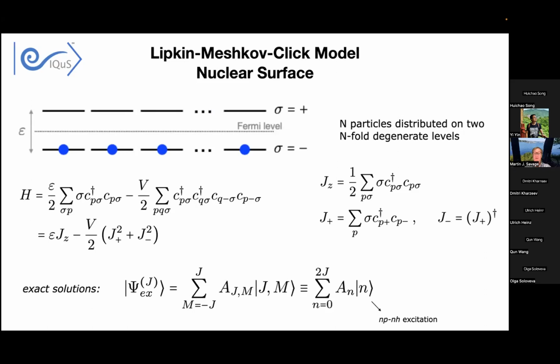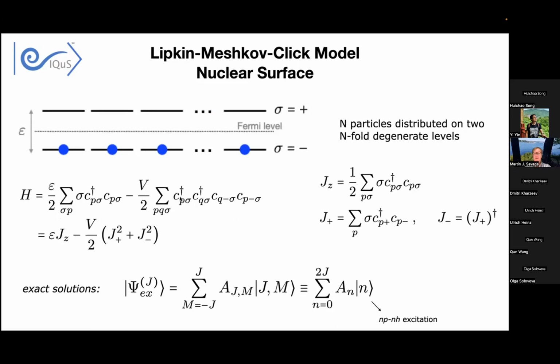So for instance, if you have a large nucleus and then you have some valence space on top of it, imagine you have nucleons where they have an energy for spin down and an energy for spin up, and you have n of them. And they're interacting in such a way that they can both scatter between states.